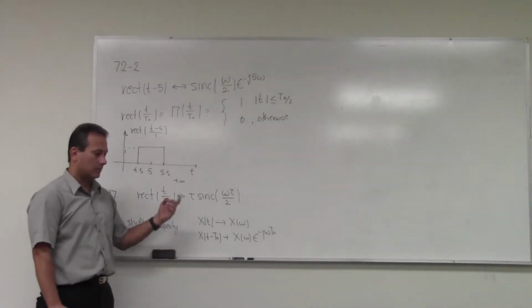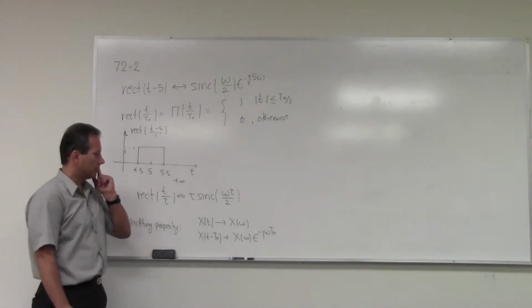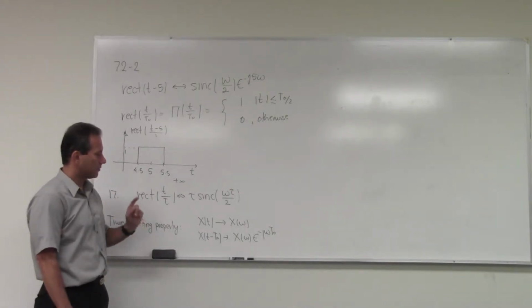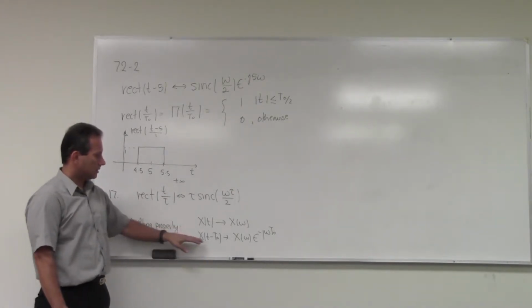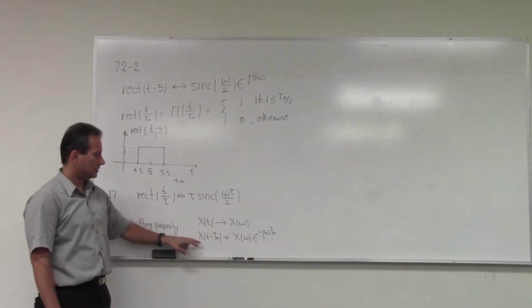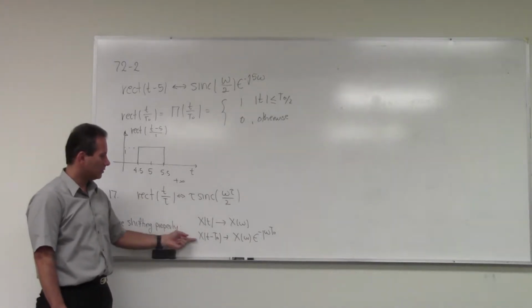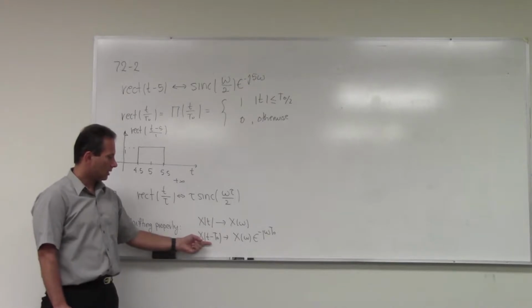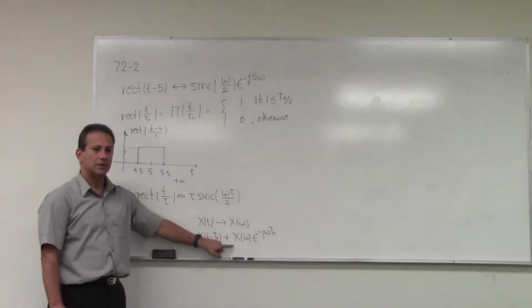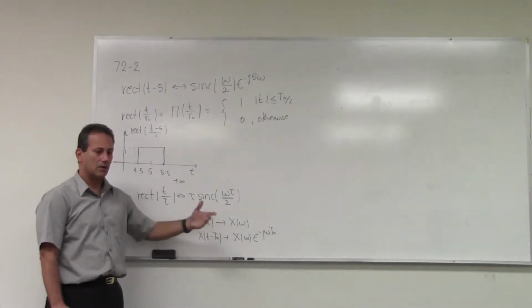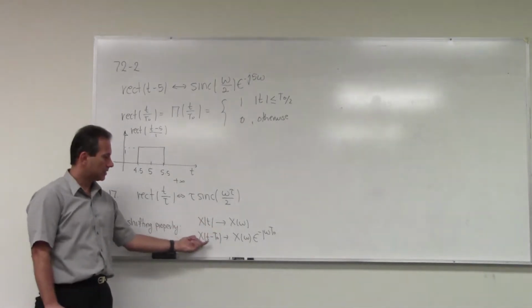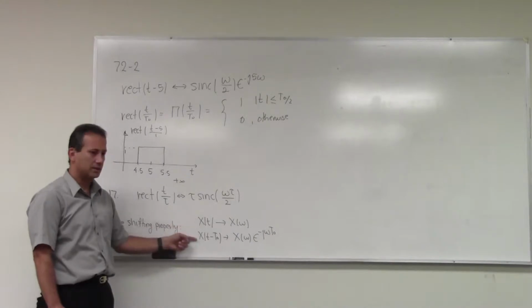Now it's interesting, and we talked a little bit about it when we were talking about the Fourier series, but what this means physically is kind of intuitively clear. When you delay your signal in the time domain, the magnitude response of the signal cannot possibly change, because it's the same sinusoids that are building this signal and this signal.